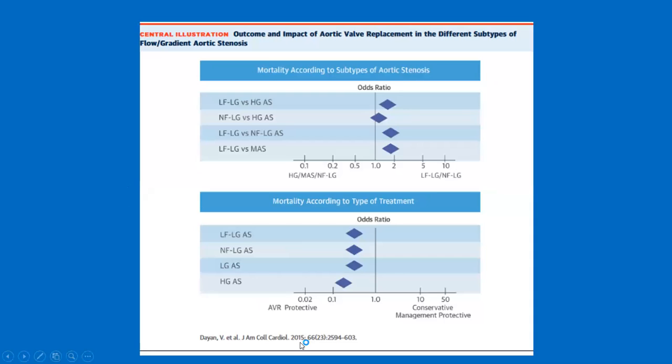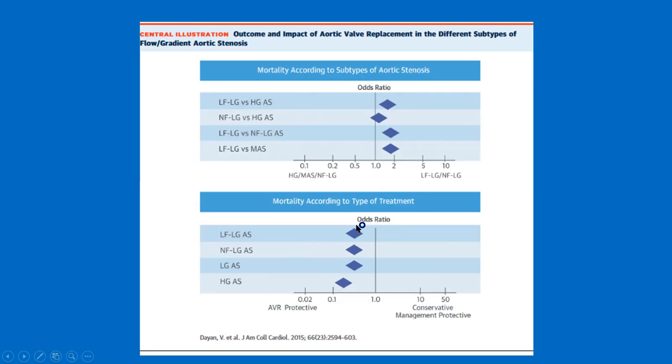This is from the meta-analysis of Dr. Dayan and his colleagues, showing the odds ratios of mortality and comparing normal flow, low gradient with classic aortic stenosis. Basically they did not find a difference, so the odds ratio crosses 1.